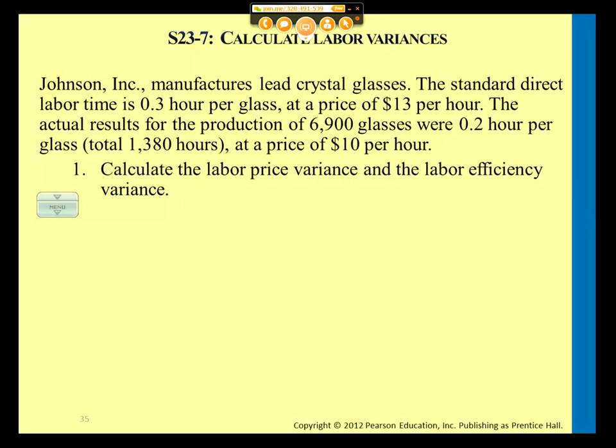Actual price minus standard price times actual quantity. All right. Hours, right? Quantity in hours. And the labor efficiency variance? Anyone? From your notes? It's budgeted hours minus actual hours times actual rate. Actual minus standard or budgeted, multiplied by standard price.